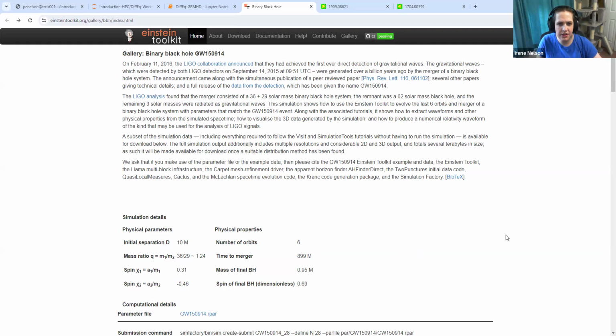And there's also continuous integration on the code, so they're making sure that all the older stuff is still going to match.